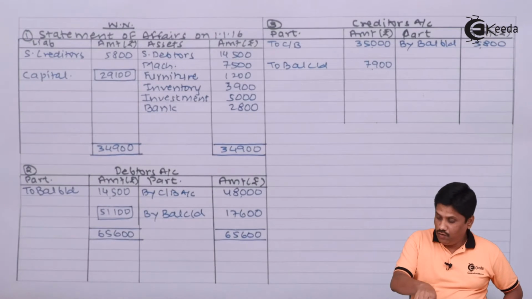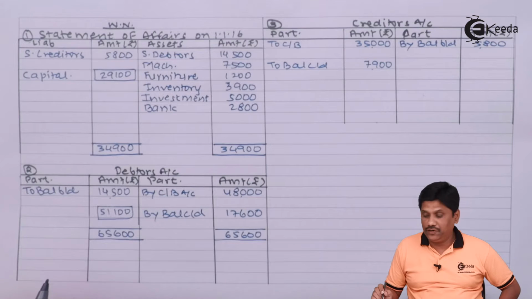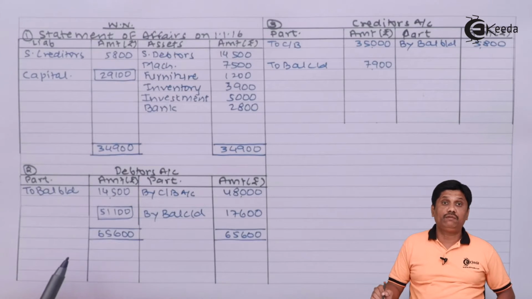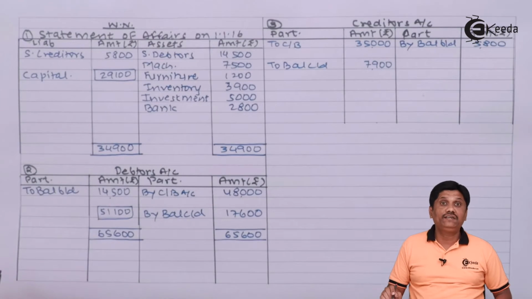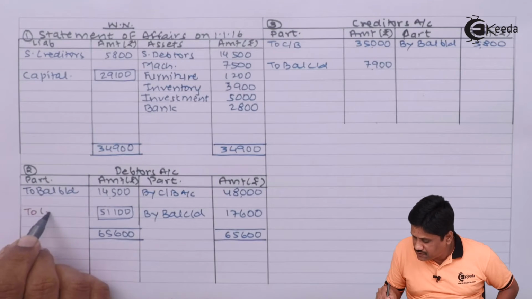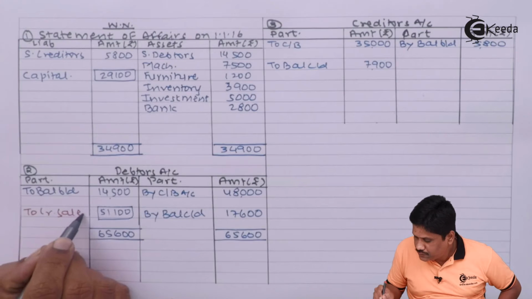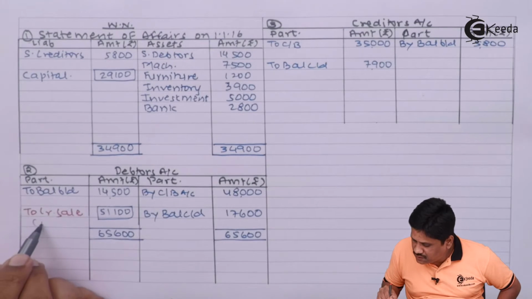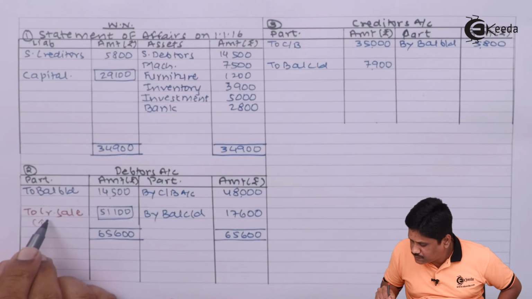Sir, on debit side of debtors, there is one important transaction. A person becomes our debtor only when there are credit sales. So this must be our credit sales, so I am noting it down as credit sales. Why is it a credit sale? Because there is an increase in debtors.